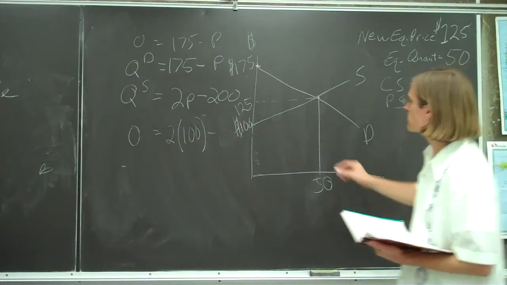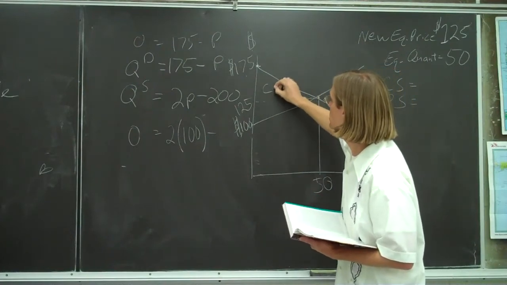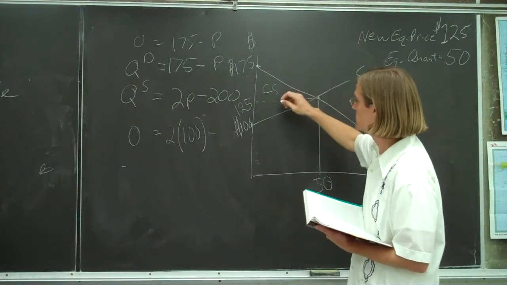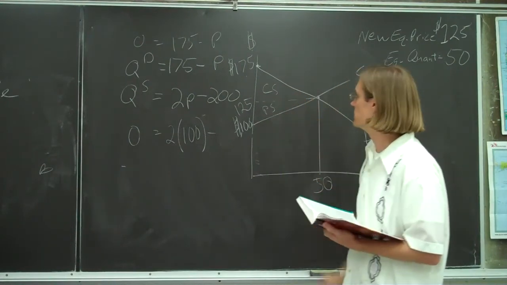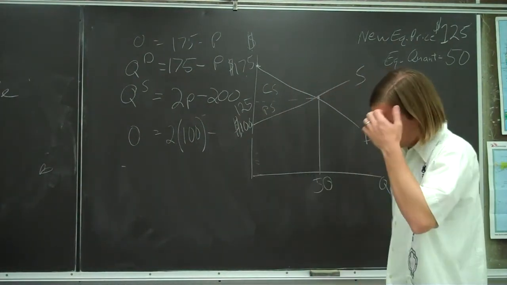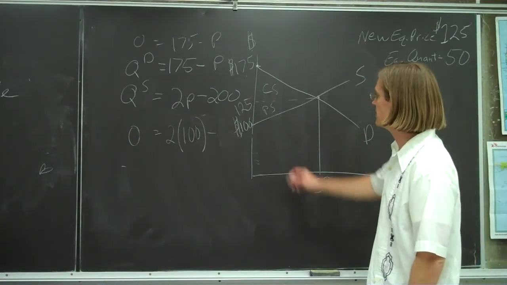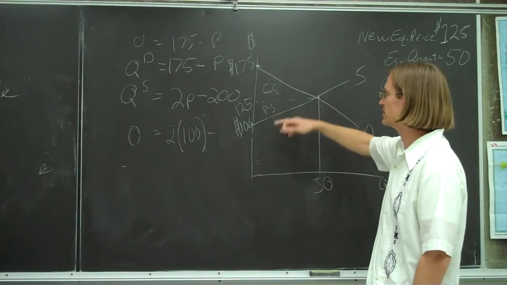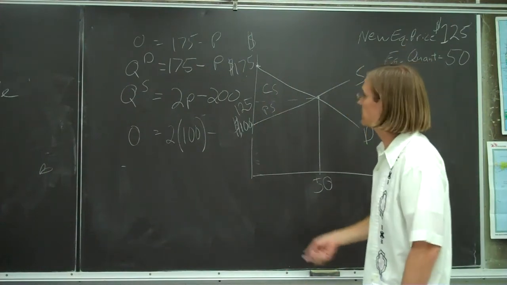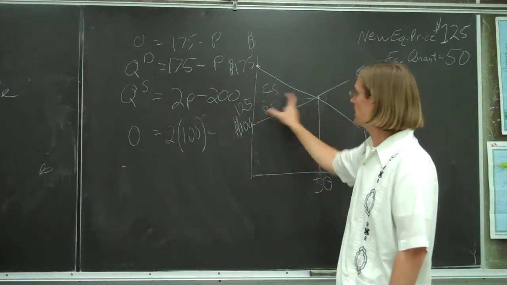And then you know that the area above the price and below the demand curve is our consumer surplus, and the area below the price and above the supply curve is our producer surplus. And so now you really got to think back to that 8th grade algebra class. It's probably been a couple years, and you can figure out the area of this triangle. And so again, if you didn't remember from 8th grade, that's 1/2 the base times the height.